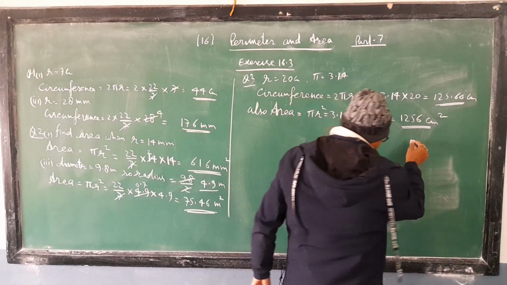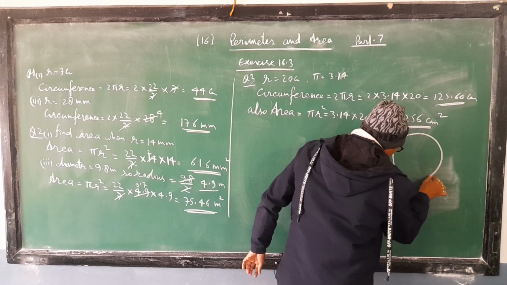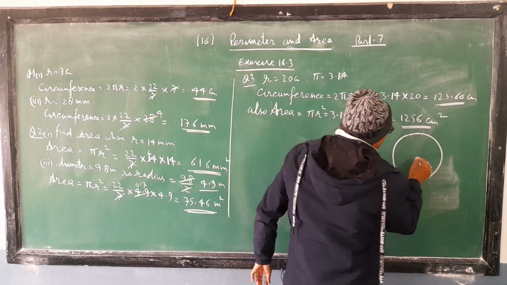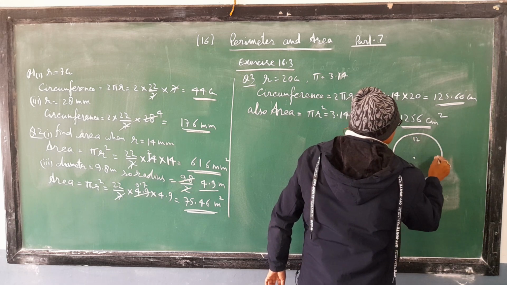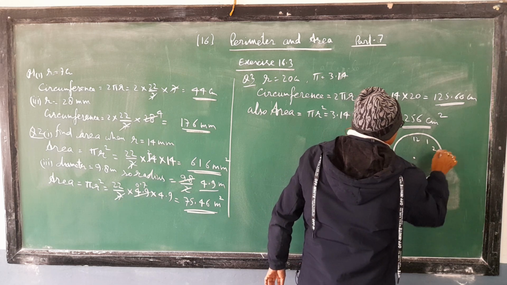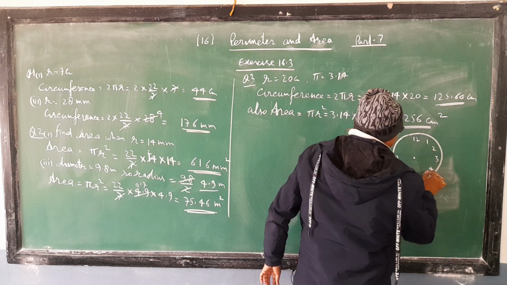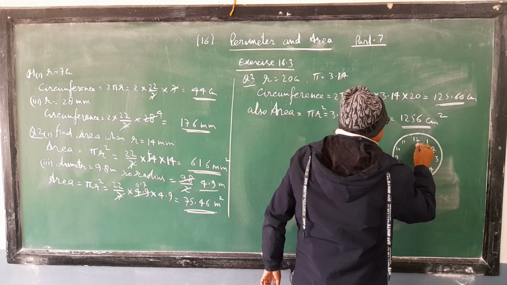See, if the tower clock is like this, and this is the minute hand, with 12, 3, 6, 9 and the other numbers around. So this is the minute hand.